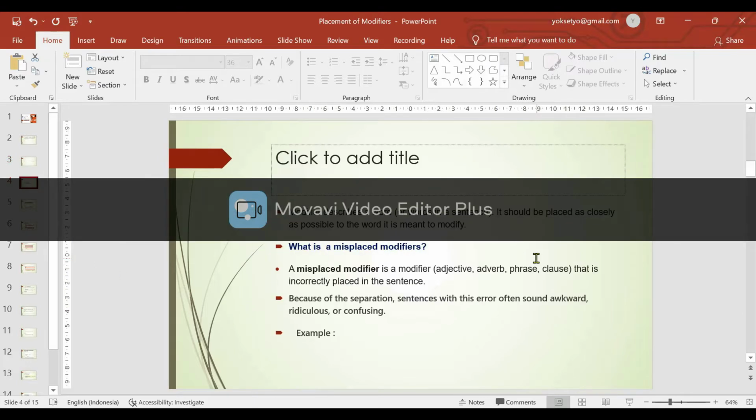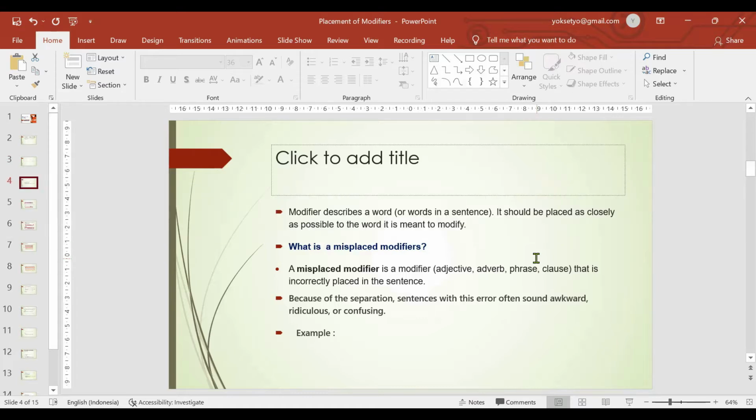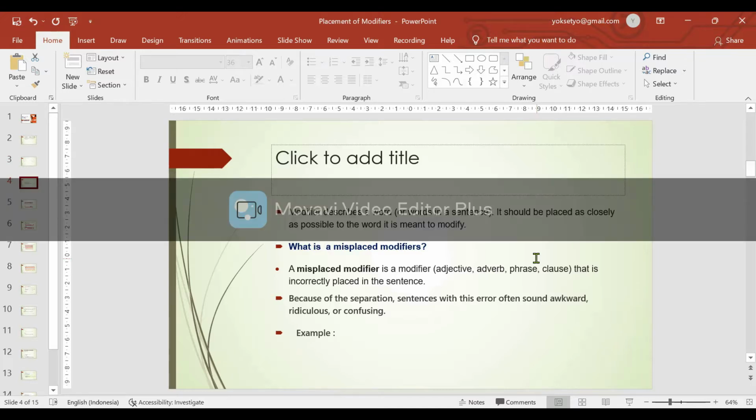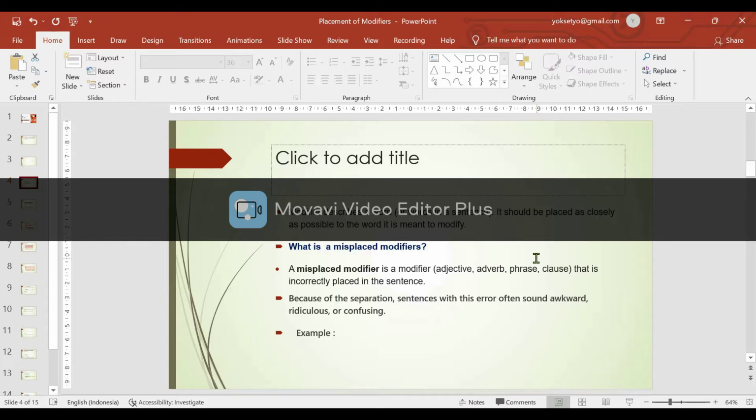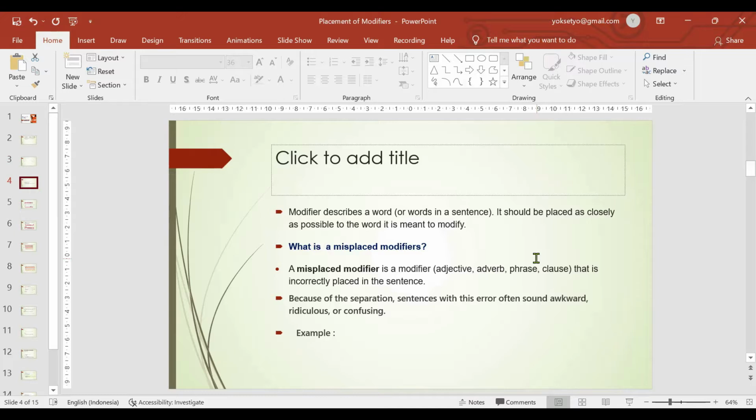Modifiers describe words in a sentence, so a modifier should be placed as closely as possible to the word it is meant to modify. That is the keyword.